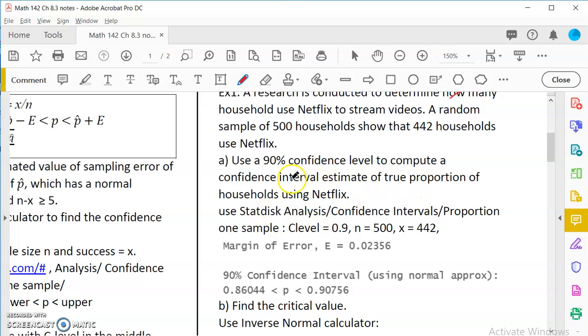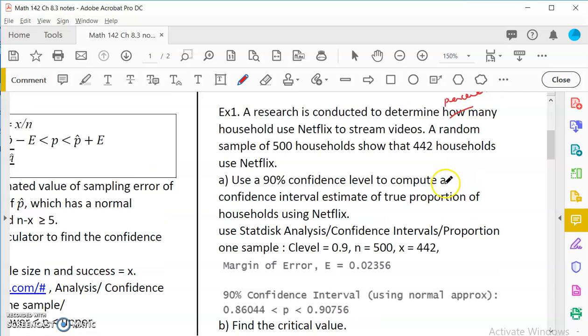So this is a confidence interval for proportion, right? So it is very easy to find all the information. All we need to know is the confidence level, the sample size, and also x. x is what you're counting. You want the percentage of people that use Netflix, so 442 is the one you're counting. So that's x, 442.